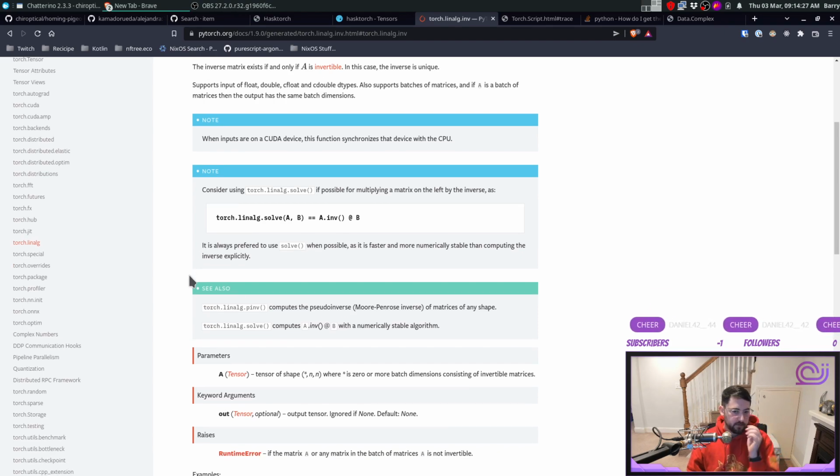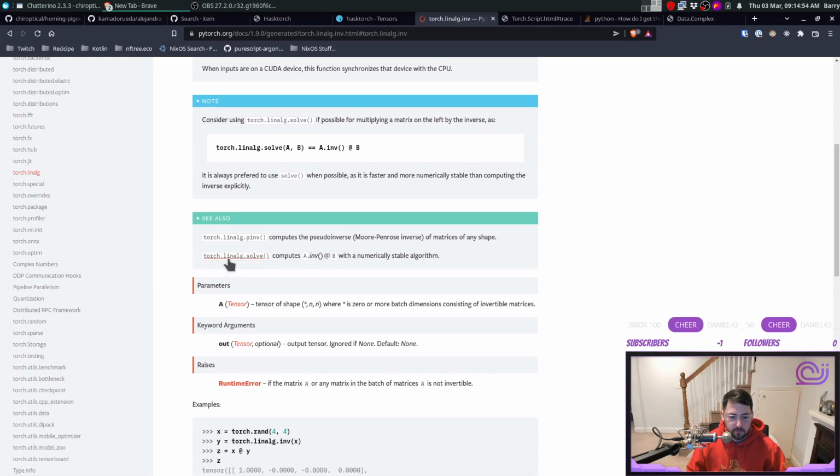Consider using torch.linalg.solve, if possible, for multiplying a matrix on the left by the inverse. It's always preferred to use solve when possible, as it is faster and more numerically stable than computing the inverse explicitly. So see also solve.